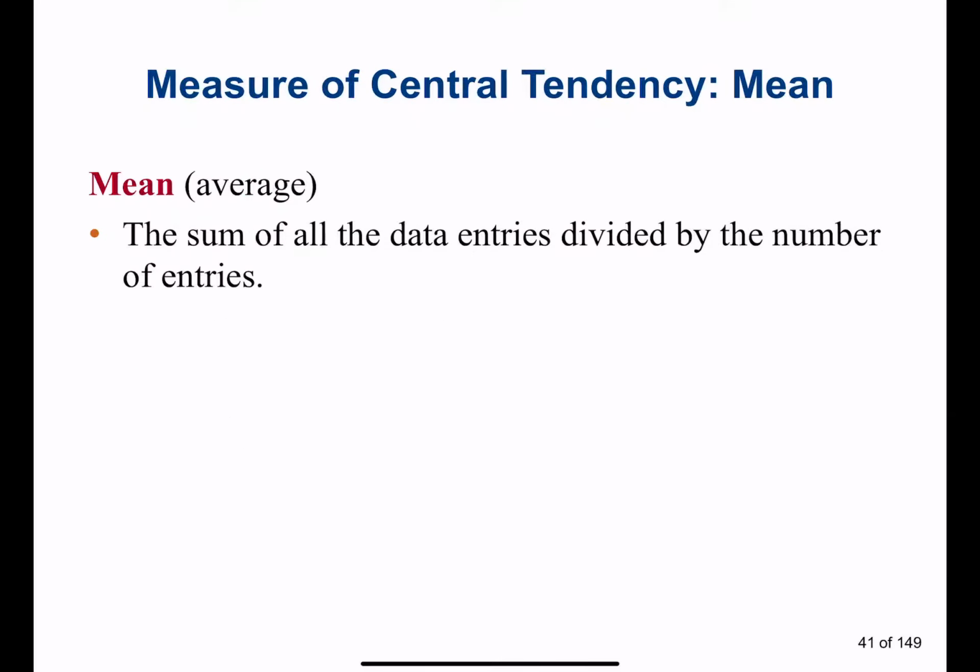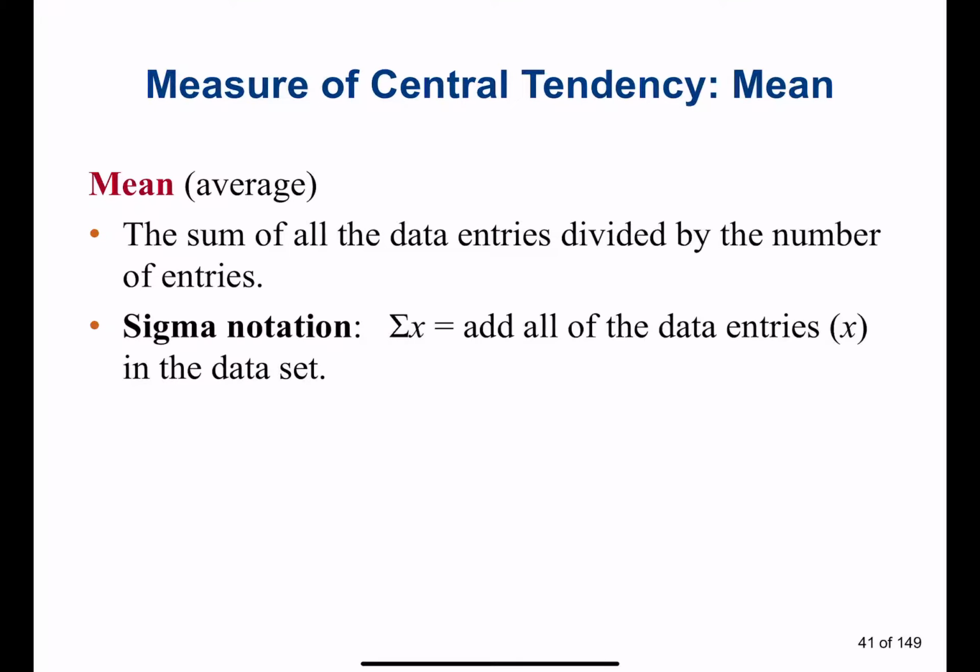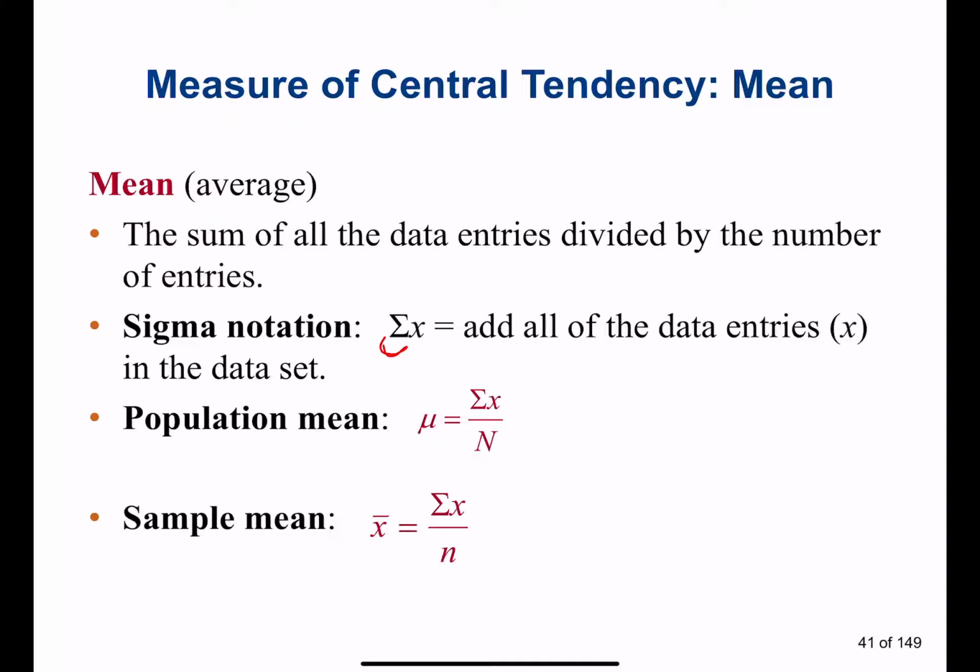Mean. Everybody is familiar with the mean, that is average. You add all data, this is the sum, sigma, meaning summation. You add all elements and divide by amount of elements. So population mean, I would recommend to make a table, and write down this notation, like a table like this.